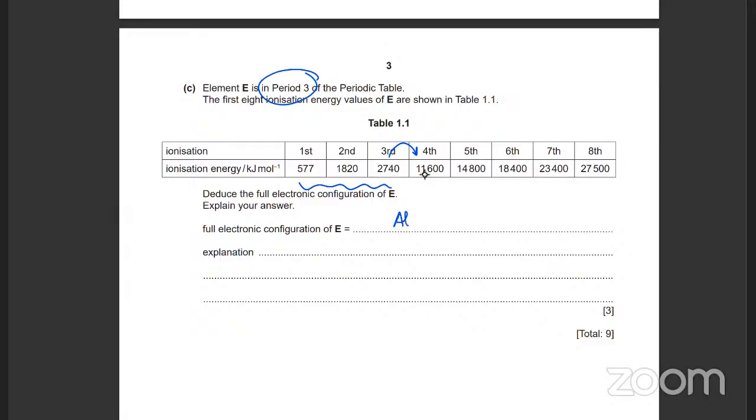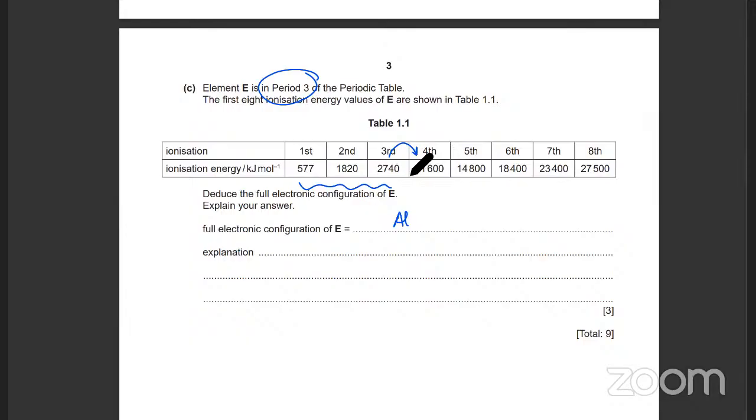Sir, how big should the jump be for you to figure out that it's a change in shell number? It should be big enough that you can clearly see the jump. Over here it's around 3,000, 4,000, 5,000, 3,000, and this one is like 8,000.